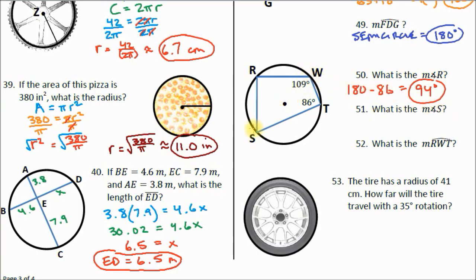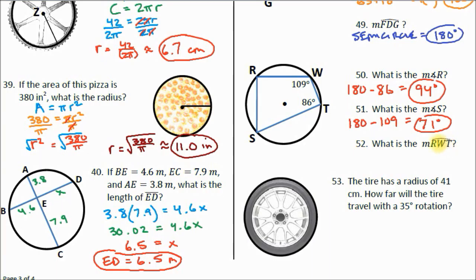S and W are supplementary, or they add up to 180. That means we can take 180 and subtract 109. We're going to get 81 degrees. Let's check our math there. That is not correct. How about 71 degrees? That makes more sense.